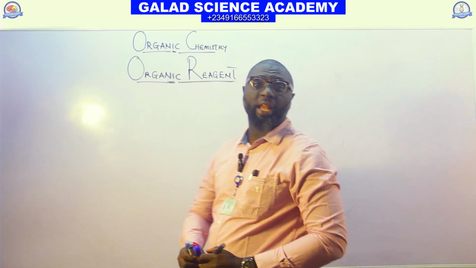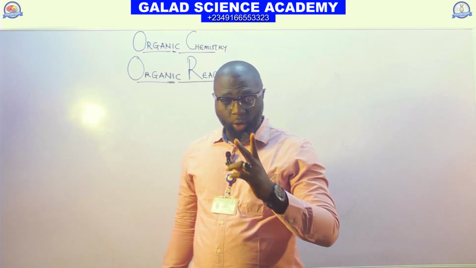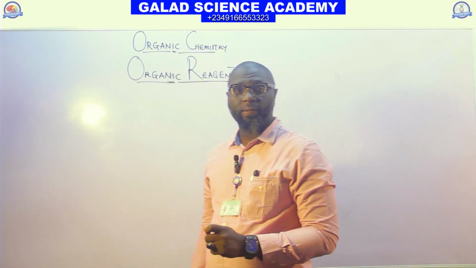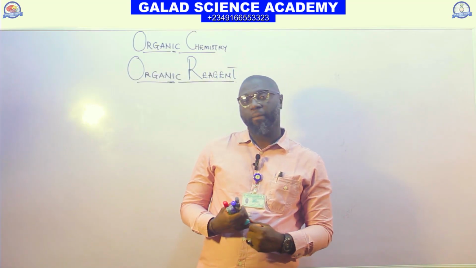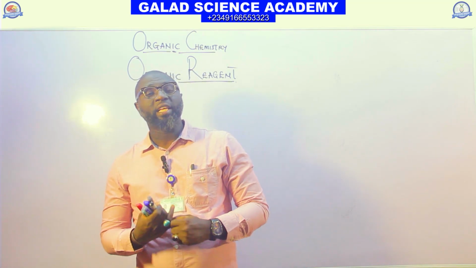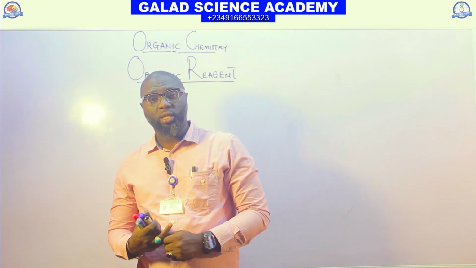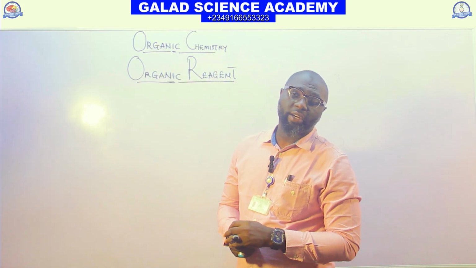So all the organic reagents we have in organic chemistry can be grouped into two parts. The first one is called electrophile or electrophilic reagents, while the second one is known as nucleophilic reagents. What are electrophilic reagents?